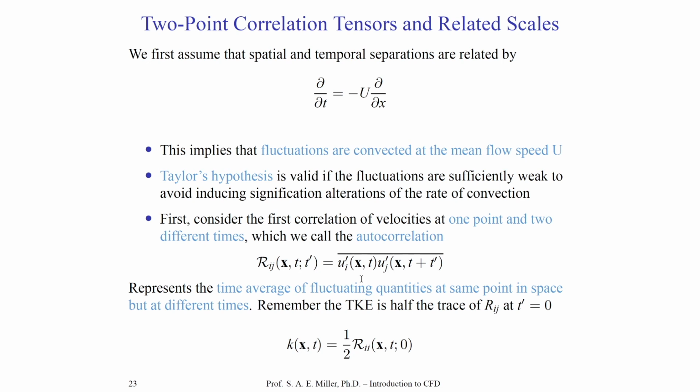For example, we'll have the autocorrelation of u1u1 plus autocorrelation of u2u2 plus autocorrelation of u3u3. That's why we write Rii here. Turbulent kinetic energy at any point in space at time t. So you can see this is written for a temporally evolving flow too.